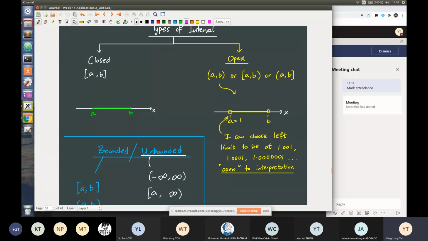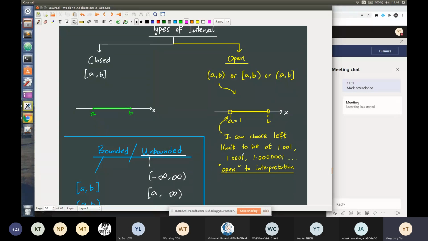So if an interval is open, which means that if you see any one of the brackets being round, then it's considered an open interval. The reason being, what is open? Open to interpretation. If, for example, your a equals 1, but the round bracket cannot include the limit value at 1, then you can arbitrarily choose the left limit to be at 1.001, 1.00001, and so forth.